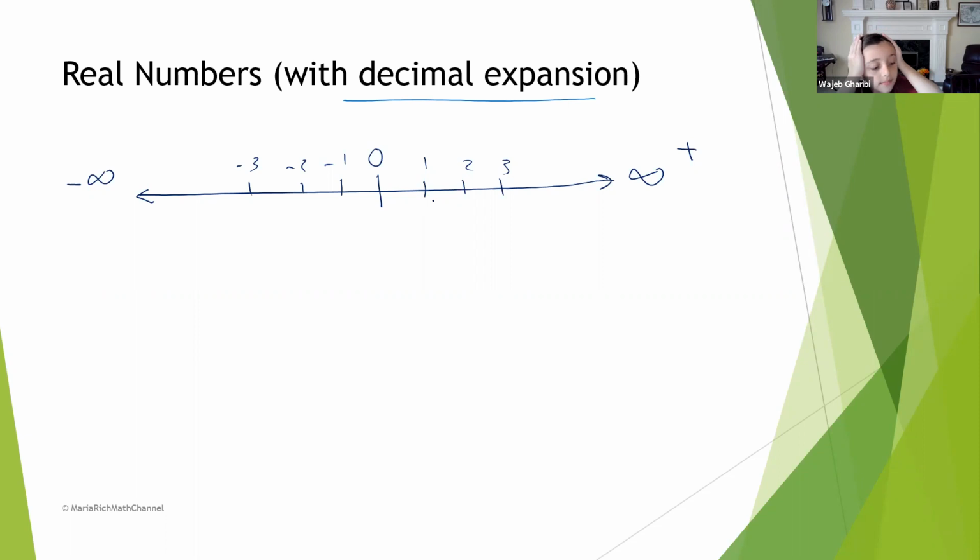I told you before that between 0 and 1 there are infinitely many real numbers. Why?